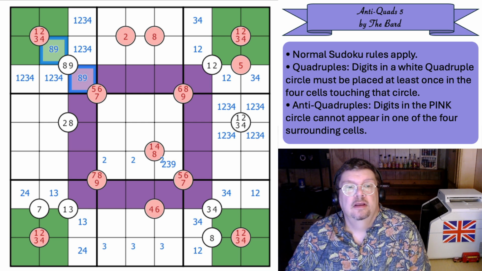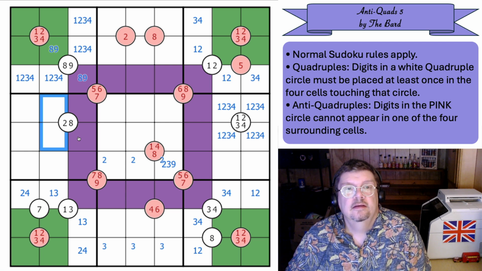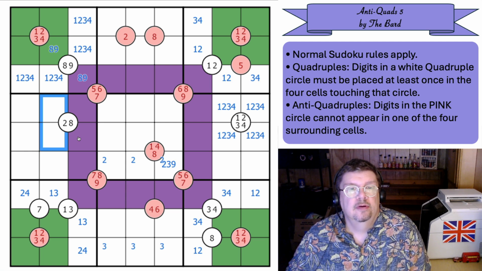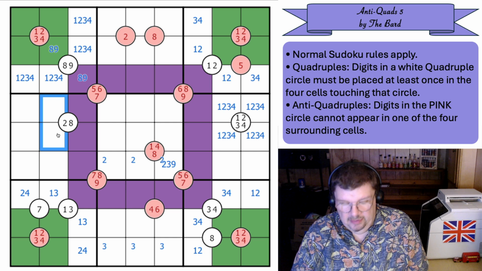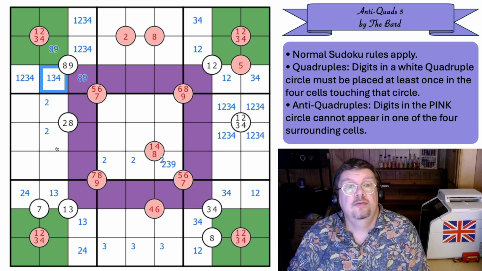Now, is there something that I can get a handle on? Yes. This 2-8 quad means that the 2, I can't put it in purple because I'm not allowed any 1s, 2s, 3s, and 4s in purple. So I must have a 2 in one of those. That means that that is not a 2.